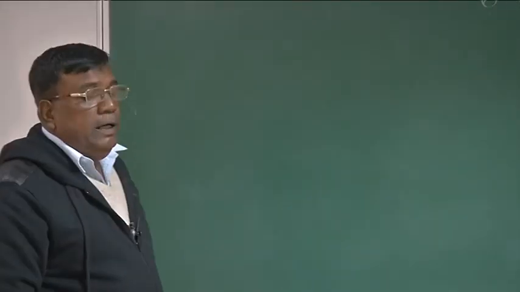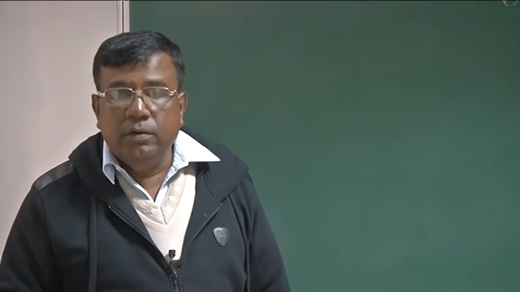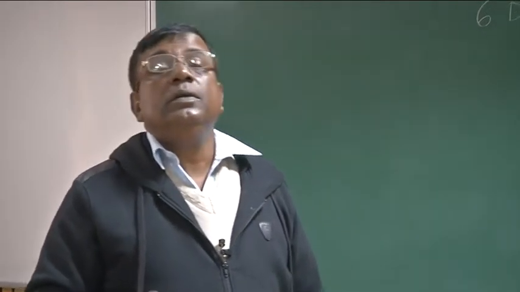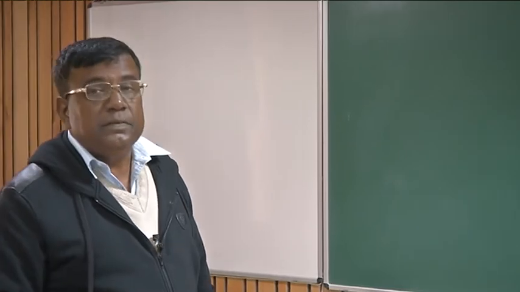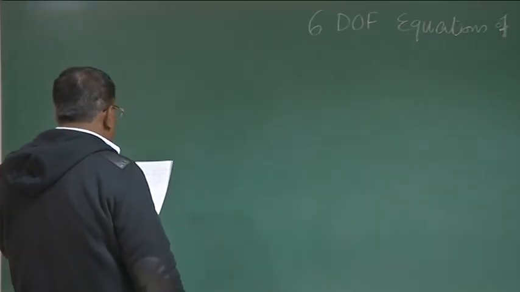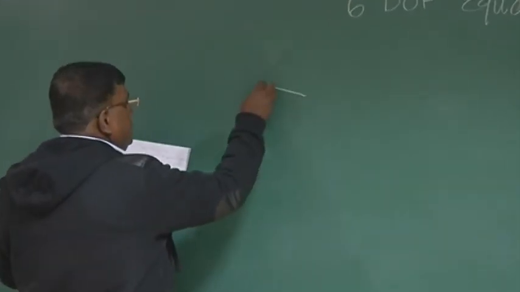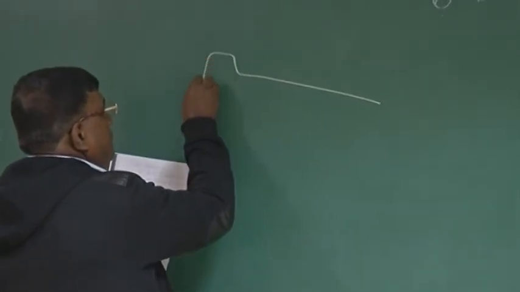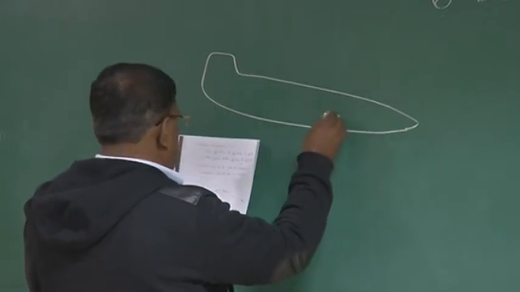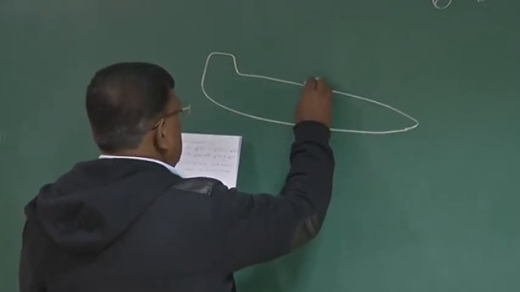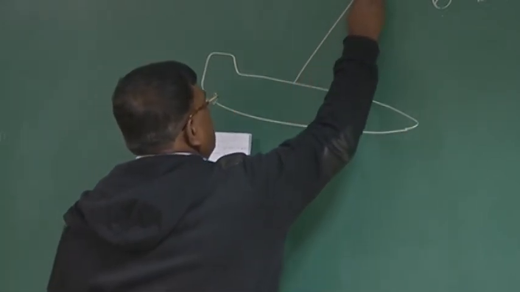Let us not forget that we are writing the equations of motion which refer to an inertial frame, which for this particular case is the earth fixed frame. Okay, so now let us do one thing. We draw an airplane. I always say, whenever writing an expression, do not forget you are working for an airplane, so that insight should not be missed.